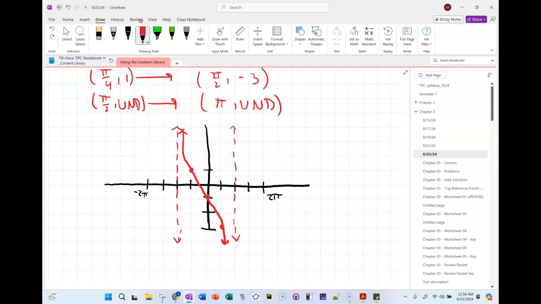So I'm going to have from my asymptote, that'll be like the start of my new cycle. I had 1, 2, 3 tick marks and then an asymptote. So 1, 2, I'm going to add another tick mark and then add another one for my asymptote. And do the same thing back here. So I have start, 1, 2, 3 tick marks and then an asymptote.